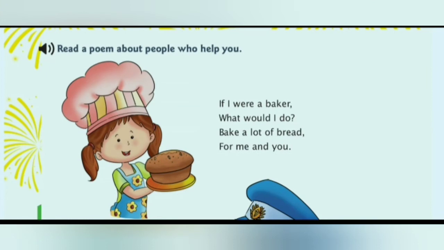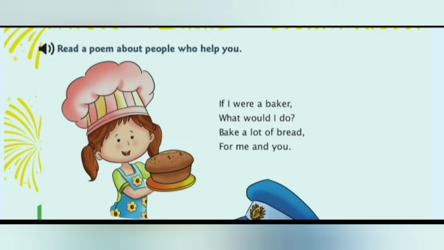Read a poem about people who help you, for your prerequisite knowledge. The poem is about the people who help us, like baker, policeman. Read along with me.